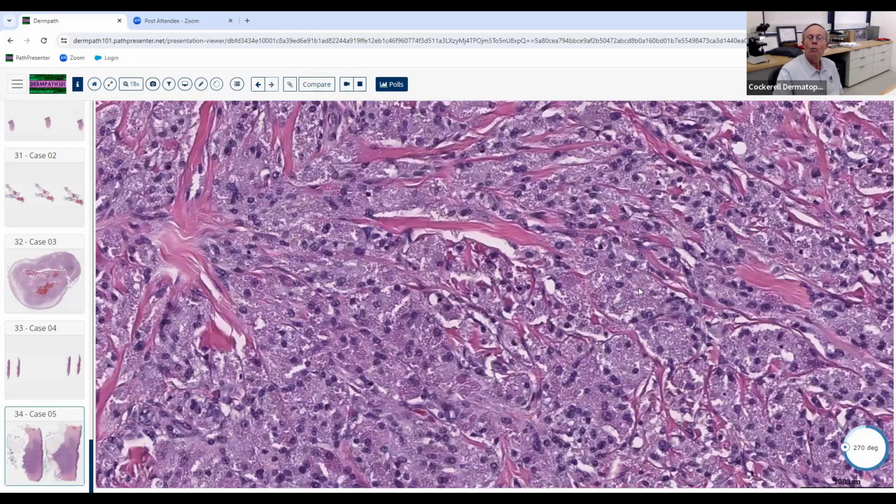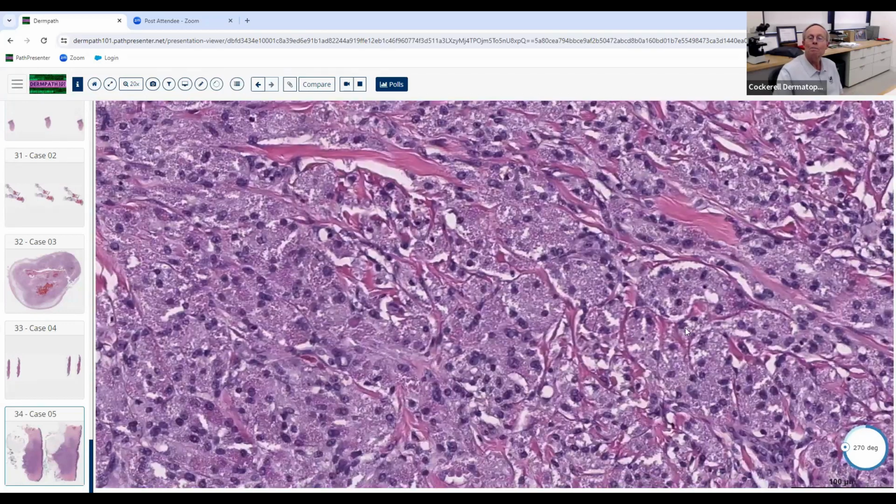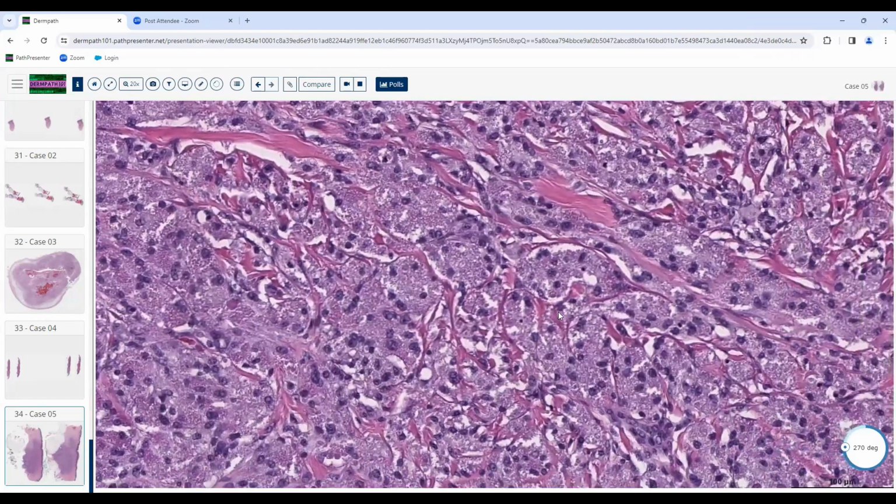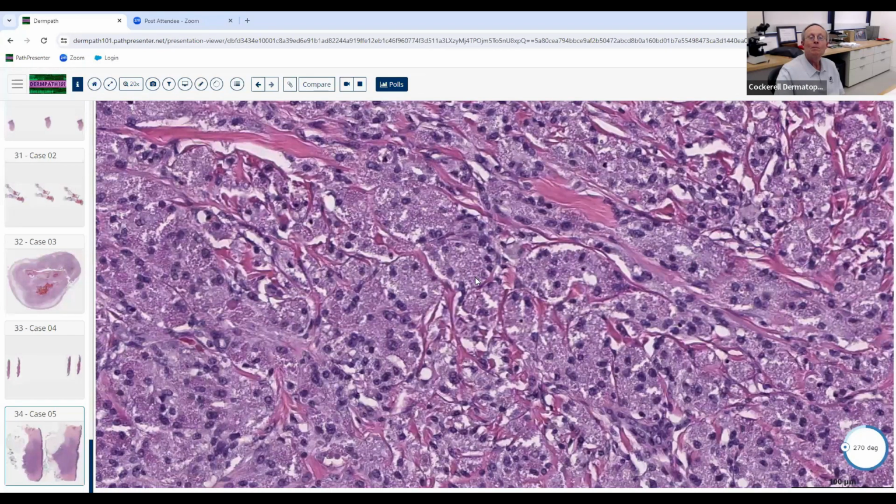And now, what do we see? There are some foamy looking cells in small aggregates. What color is this?